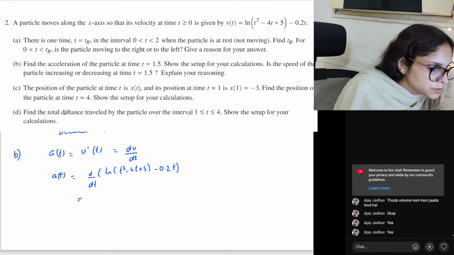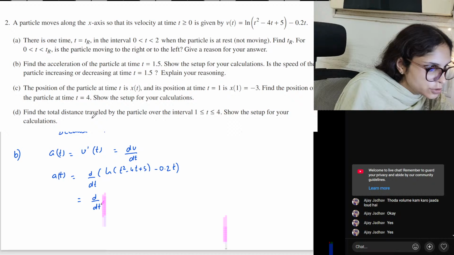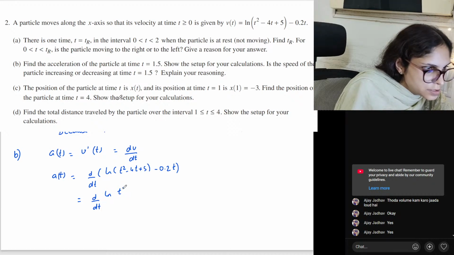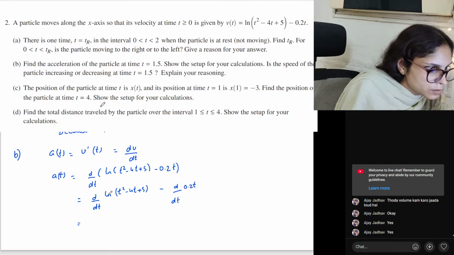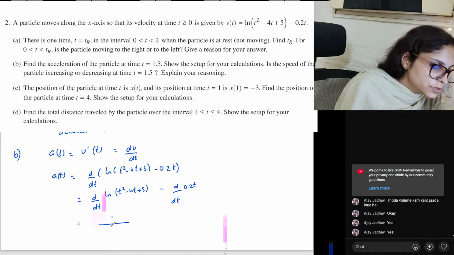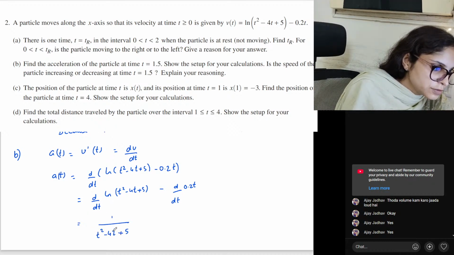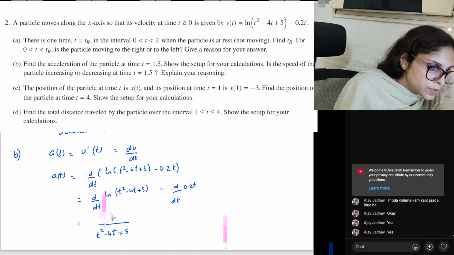So let's solve it. So it'll be d over dt of ln(t squared minus 4t plus 5) minus d over dt of 0.2t. For ln, it is 1 over t squared minus 4t plus 5. And we'll apply the chain rule as well.